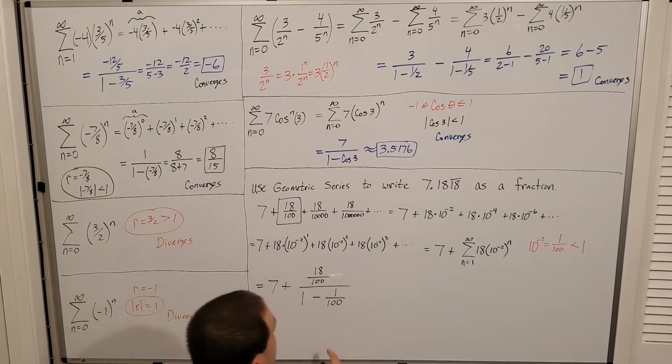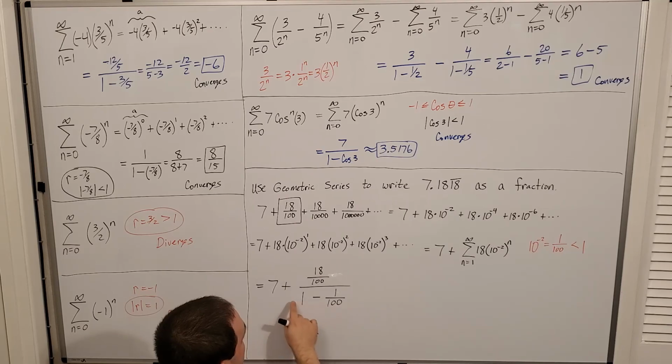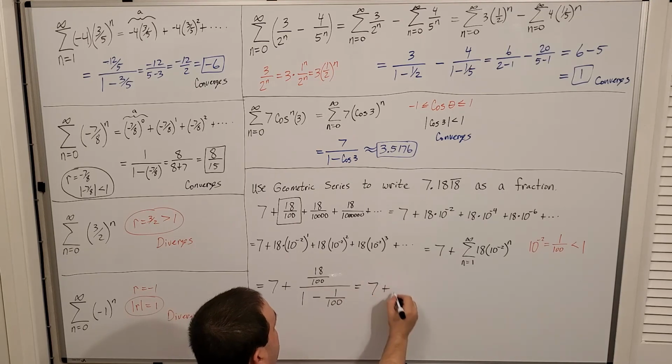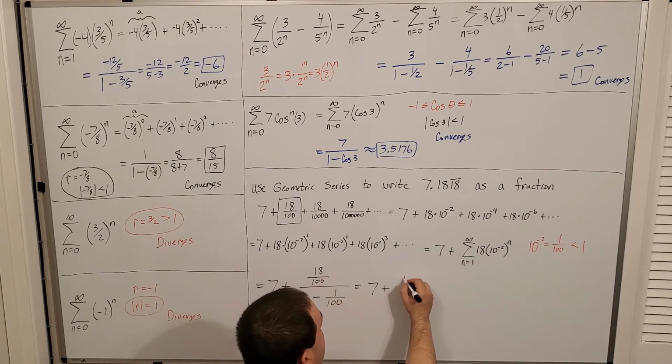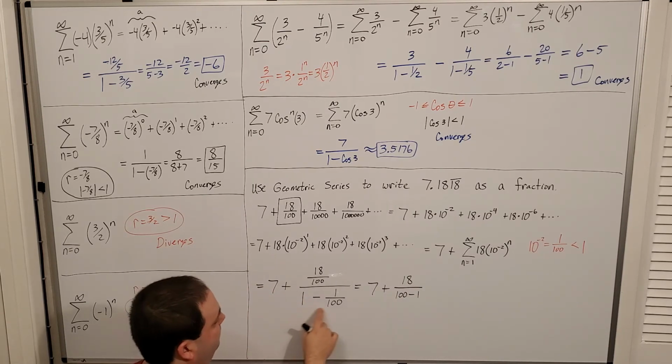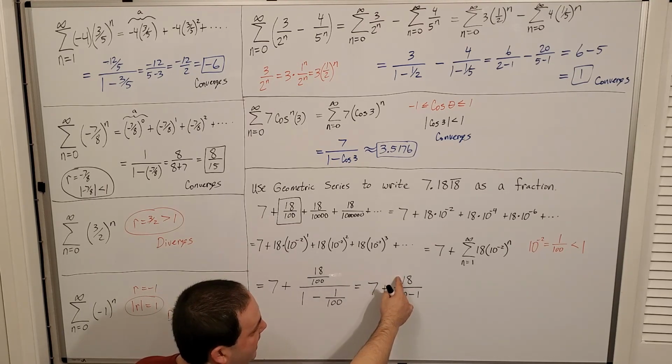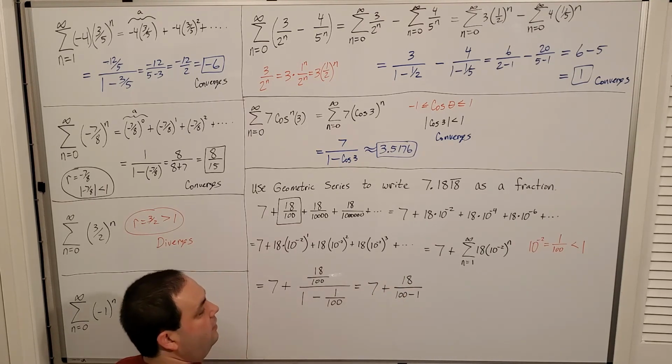But look at what happens. If I do my little technique where I multiply by that common denominator, I multiply everything by 100 here. That's going to be 7 plus 18 over 100 minus 1. And you'll notice that's where that technique I talked about earlier comes from. I'm going to get 18 over 99 there.